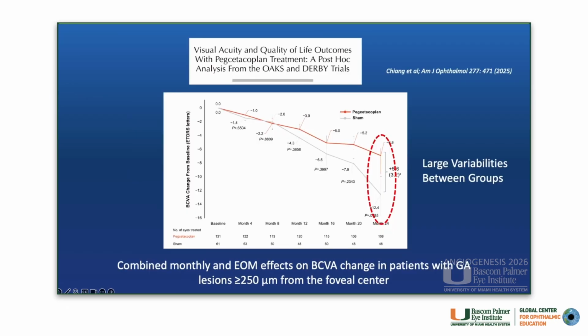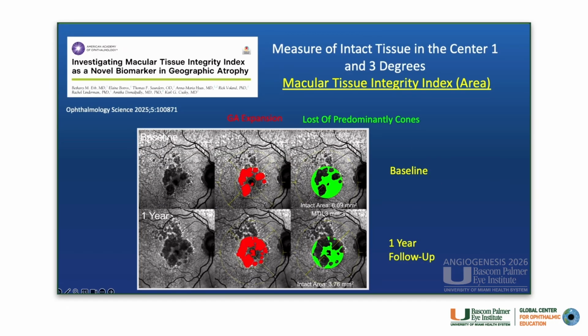This was also seen when we look at the rates of vision loss. Again, pegcetacoplan had less visual loss than sham groups, but within those groups there are large variabilities, again suggesting that cone loss rates are different between patients. Now, we've been interrogating this concept further by using this concept of macular tissue integrity, looking at the viable amount of macular tissue within the center 1 millimeter.